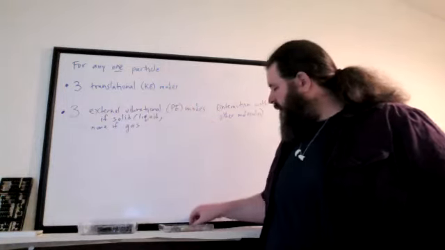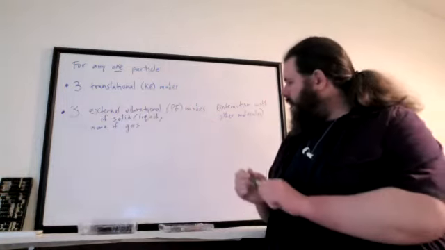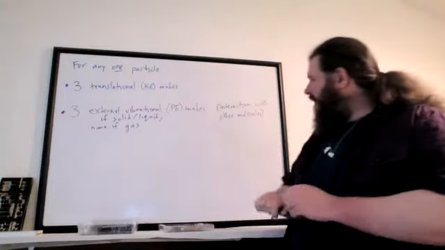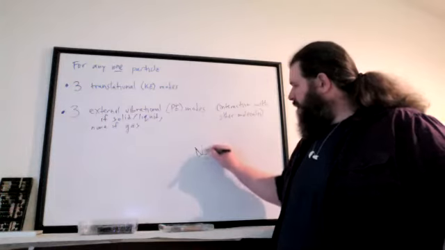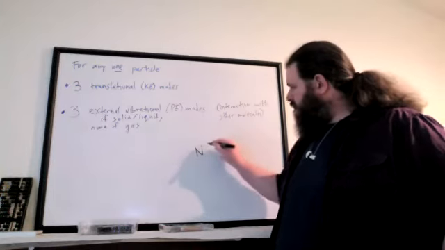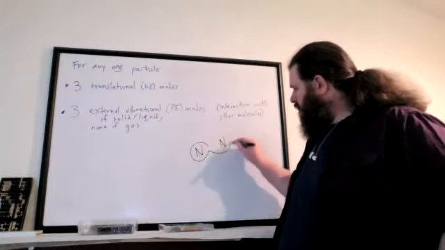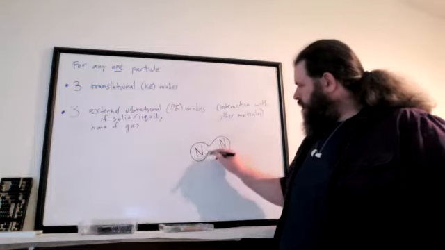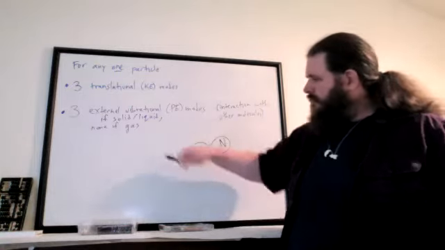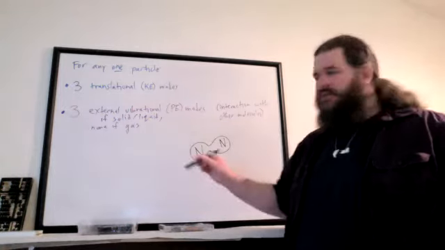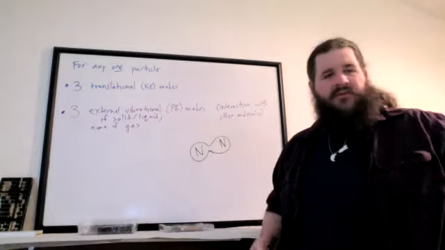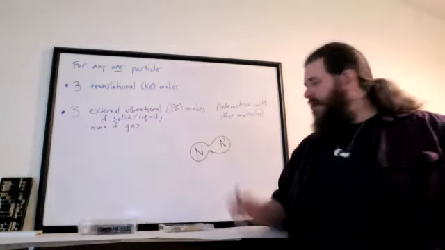But if it's diatomic or larger, like let's say a nitrogen molecule, this nitrogen molecule could be moving around in space, so it's got the 3 translational modes. It's got no external vibrational modes because it's got no neighbors to interact with.